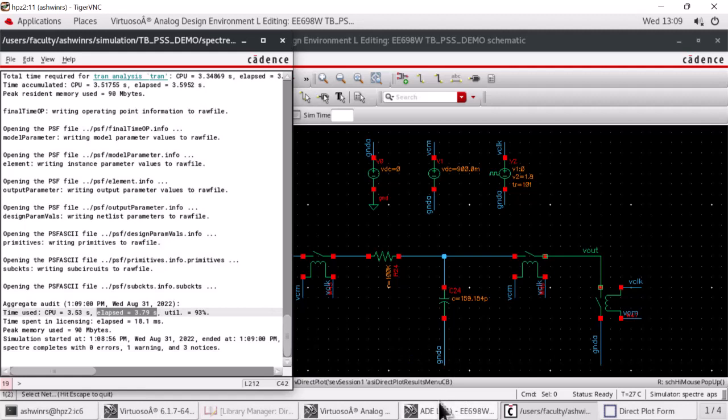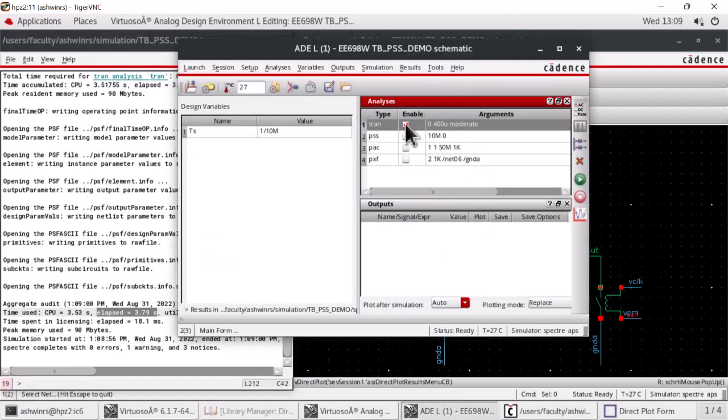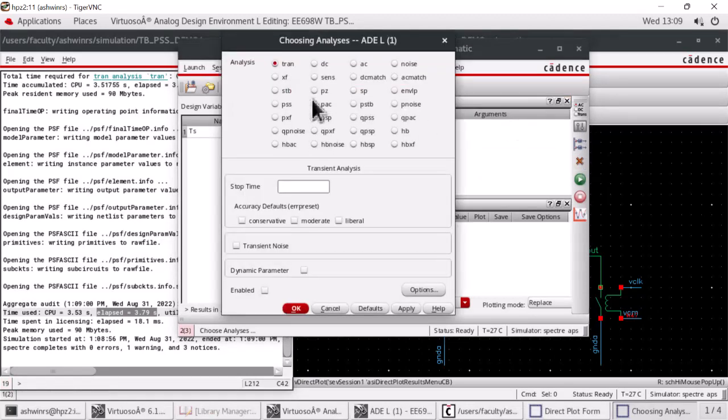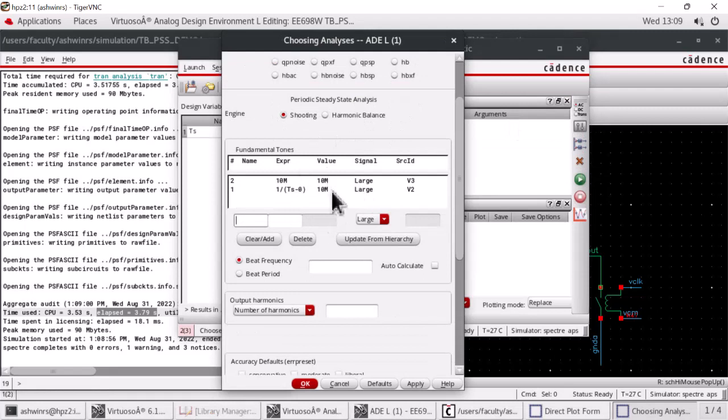So let's actually try to compute the same steady state response using PSS. Let me actually delete everything so that I can set it. So as usual, we need to set first the beat frequency, and it usually auto calculates from the circuit because I have two sources. One is the clock and one is the input sinusoid. So whatever is the common frequency, it will take it.